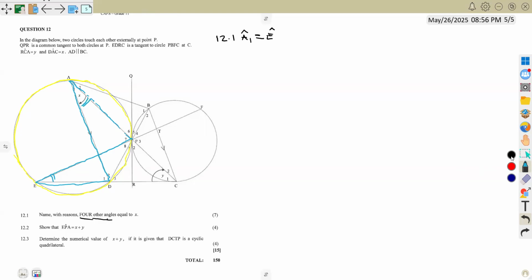So the reason why those angles are equal is that they are angles in the same segment.